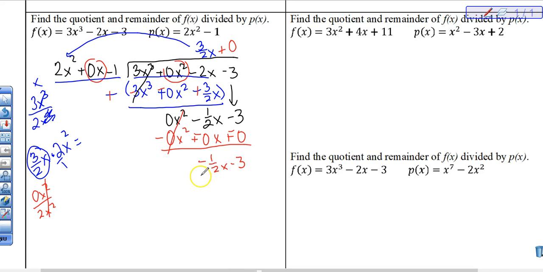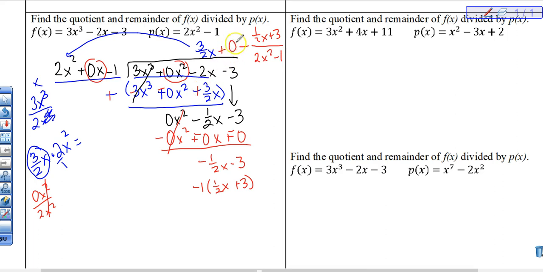Because the lead is negative, I suggest we factor out a -1. So when we write our remainder up here, we'll write minus 1/2 x plus 3 over our divisor over here, 2x squared minus 1.